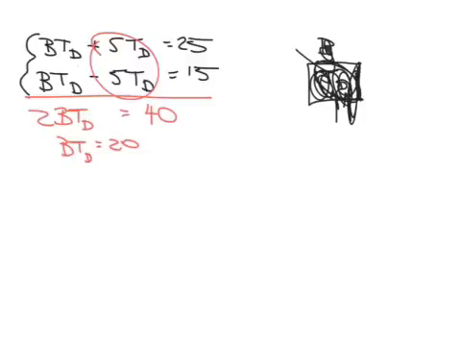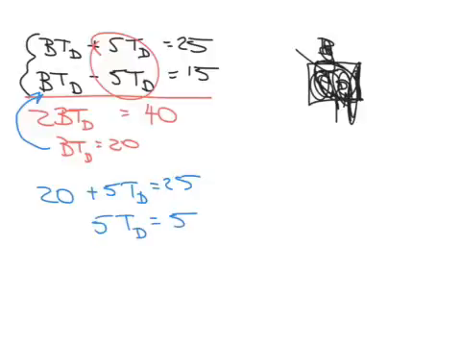So now we have to use 20 as a replacement for btd in one of these equations up here. Let's put 20 in for the btd in the first one, and then we've got plus 5td equals 25, and so we have 5td equals 5, and td equals 1. So we know one of them.